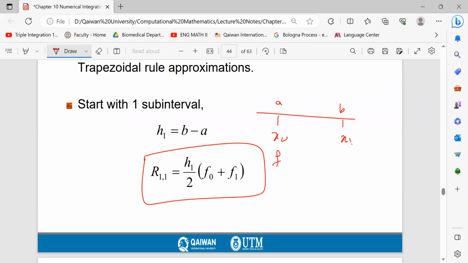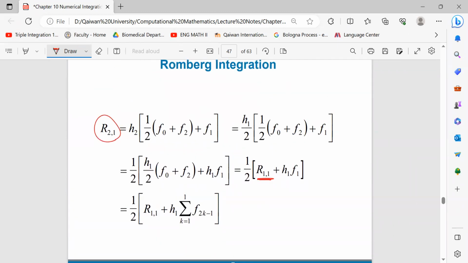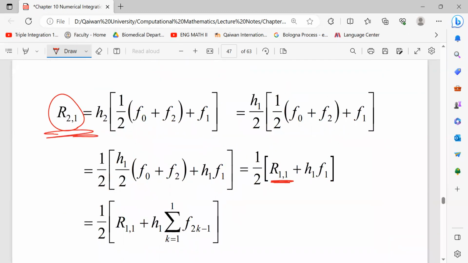Here, this F0, F1, the sum of these two multiplying by H over 2. This is R11. Then R21 is equal to a half of R11 plus H1 F1. What's H1?